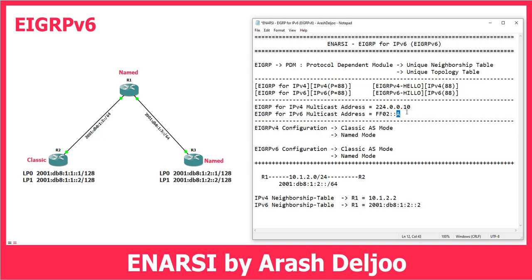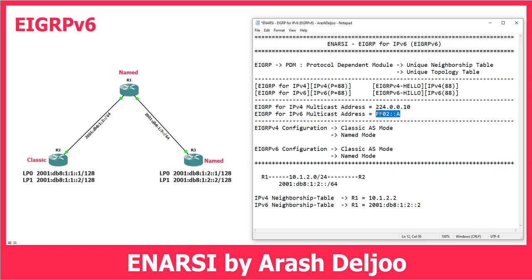A means 10, okay? This is similar to IPv4. But because this is an IPv6 address, it is obvious that it should be different. As you can see, this is like the translation of the IPv4 multicast into the IPv6 multicast.